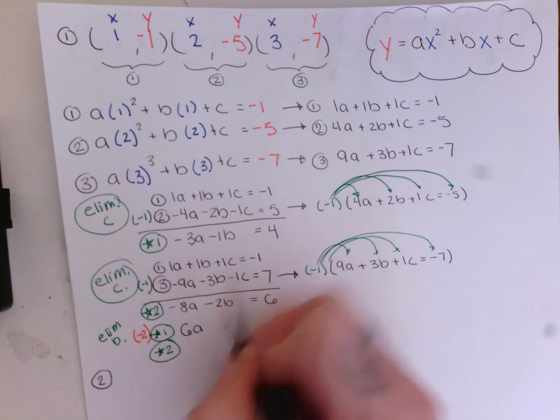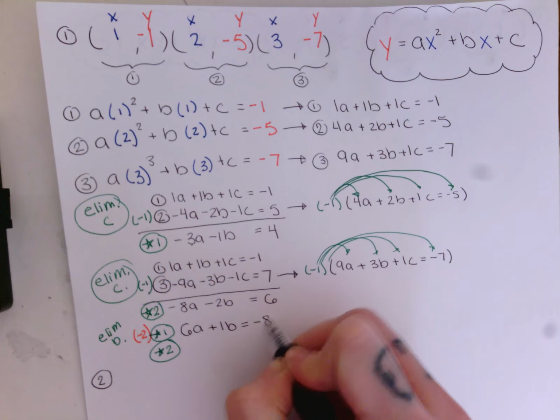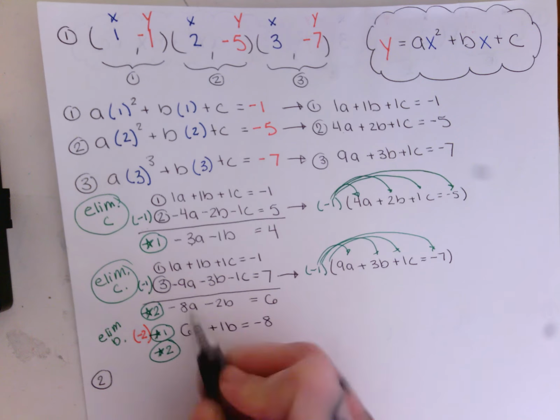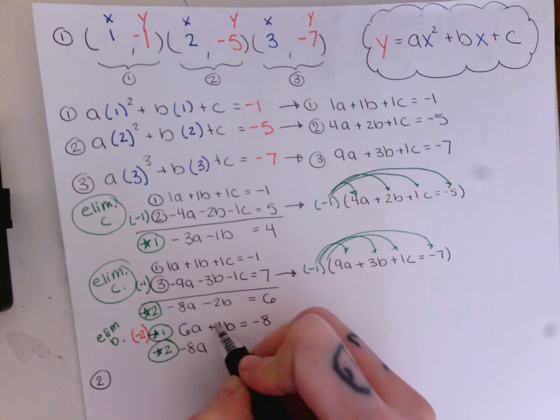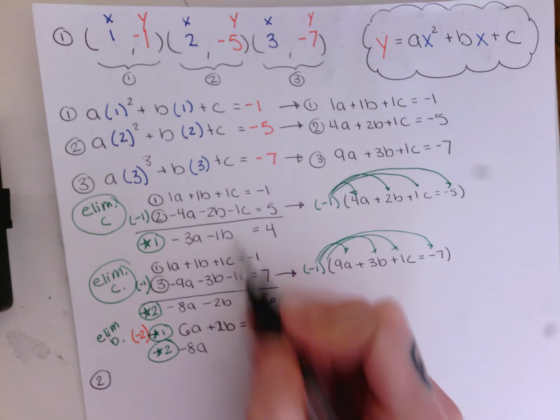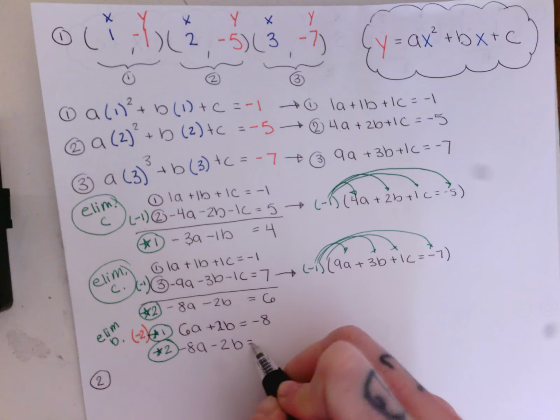Negative 2 times negative 1b. Negative 2 times 4. And equation 2 I'm going to keep exactly, oops, this should be negative 2, there we go. Negative 8a minus 2b equals 6.